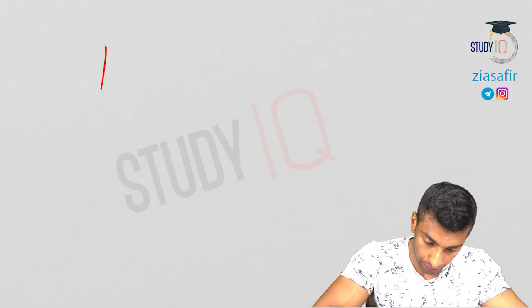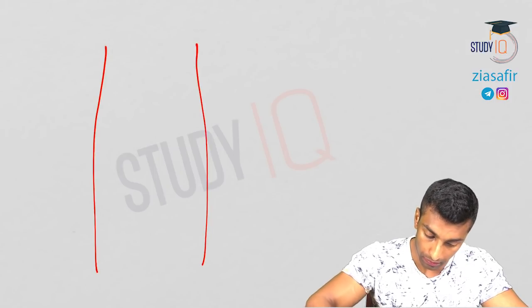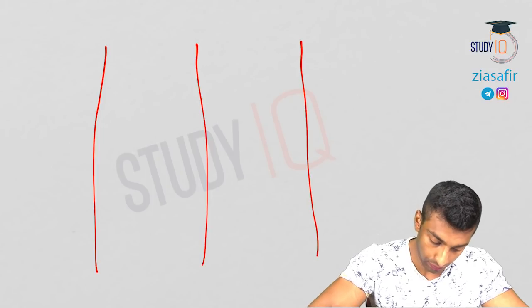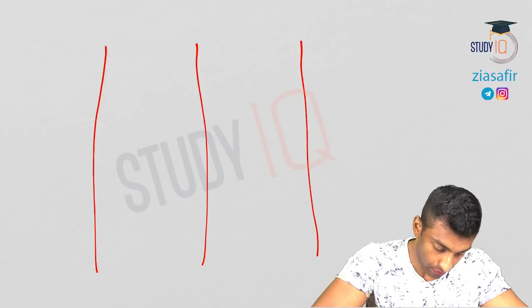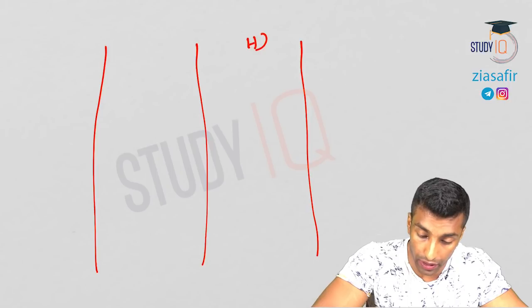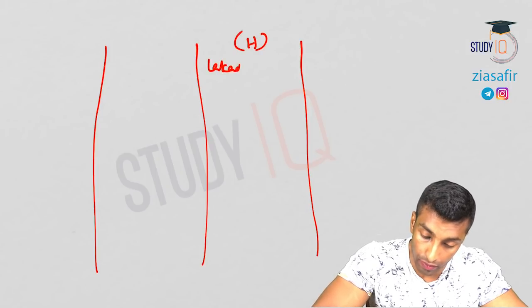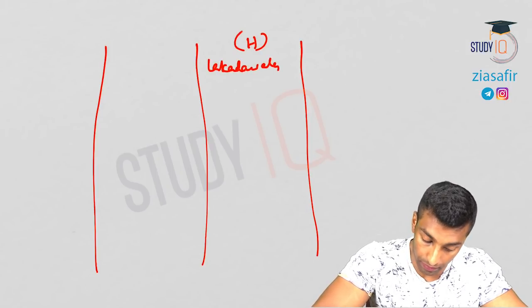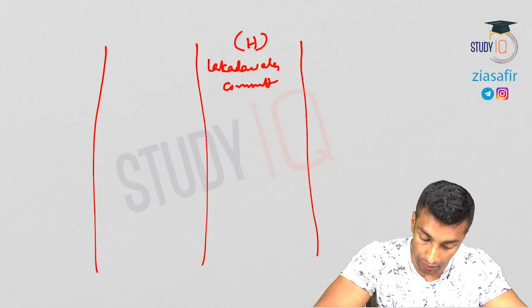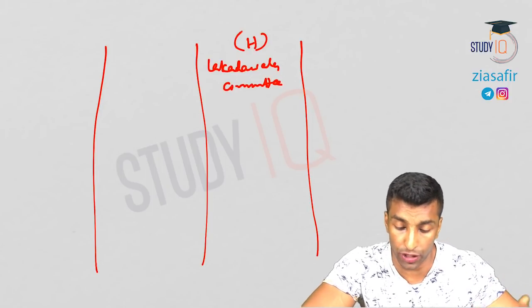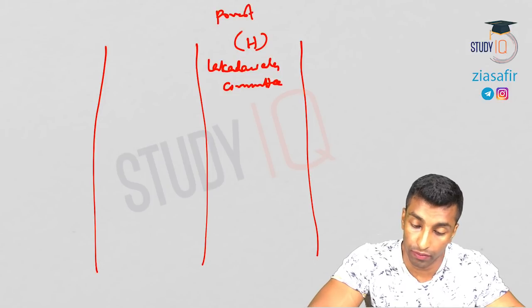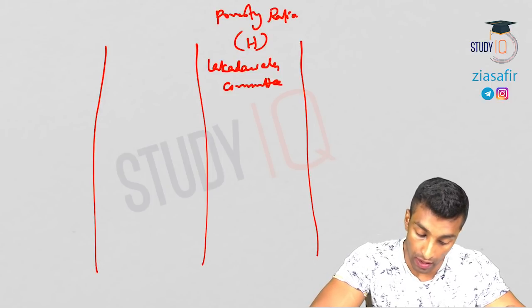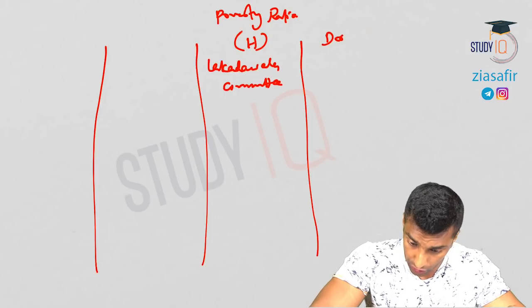Okay, so let me draw a table. You can draw this table along with me. Those who are drawing along with me, you can draw it now itself. Here head count ratio, Lakadwala committee. Head count ratio means poverty ratio only. This is nothing but poverty ratio. And then Dr. Suresh Tendulkar.